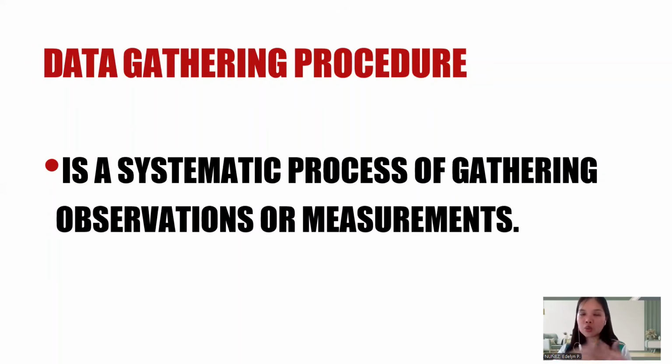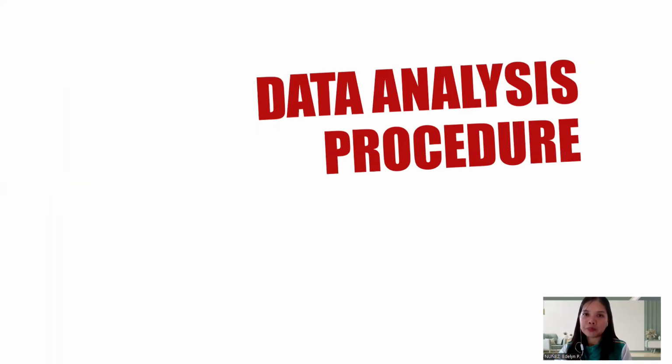You're not the one who gathered the data. So we say primary data if you're the one who collected it, and secondary data if it is from an institution that has already gathered it. It has been utilized and cleaned, and it is ready for your data analysis. So that's secondary data.